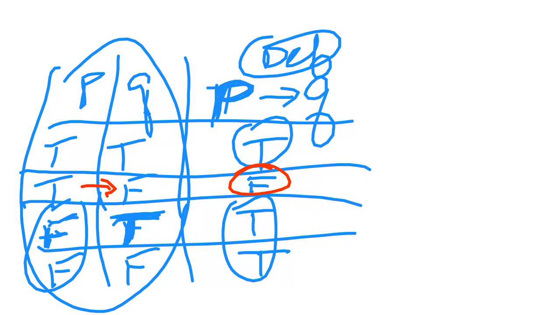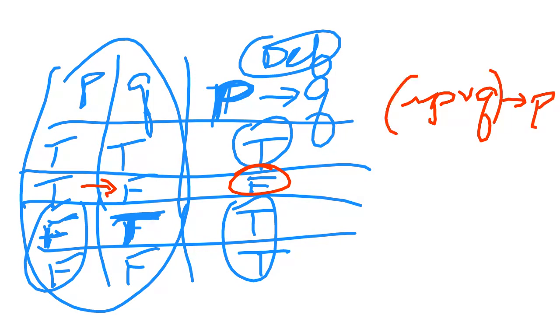But as you work with other stuff, and if I have not P or Q implies P, I'm doing this part first, I'm going to have truth values here, and truth values here. If I'm evaluating this, I have to match it back to what I have on the base truth table.